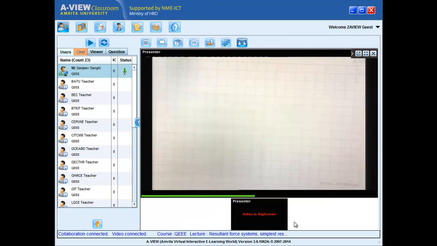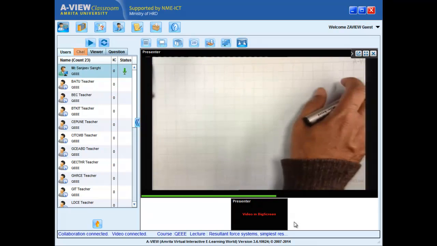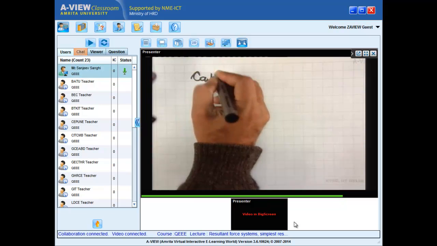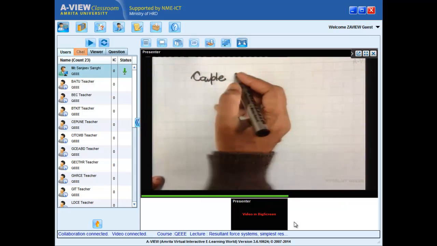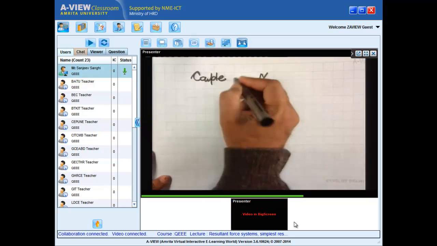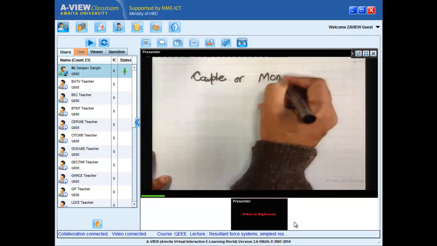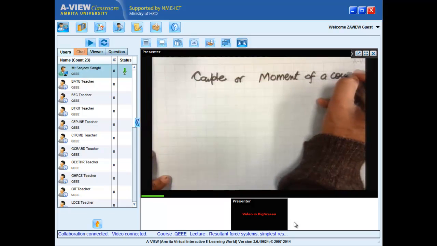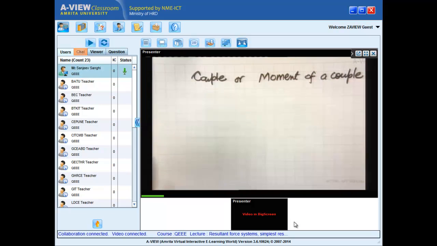Now today, let me introduce the last of the concepts which has got to do with the moments, and that is the concept of couple, or moment of a couple.